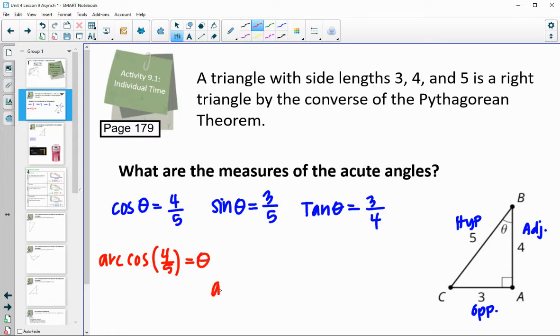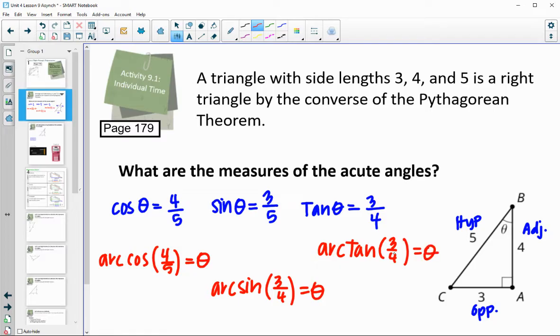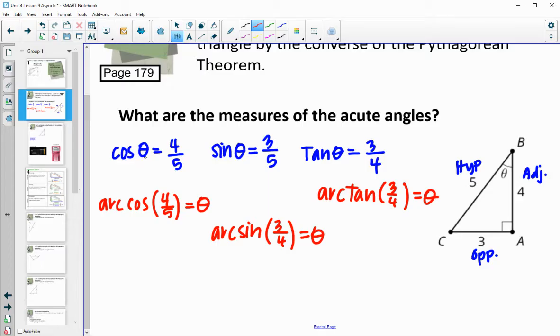Or arc sine of the ratio will get you the angle. Or arc tan. Then you're able to tell the calculator what the ratio is so it can kick back the angle for you.